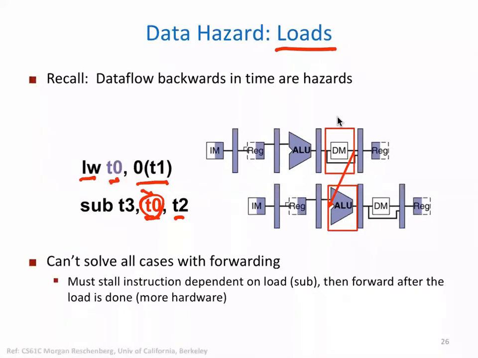If you look at it, even if we use forwarding, T0 is only available here, while we are using it at this point here. So what we say is that forwarding that we have seen earlier cannot resolve this issue.